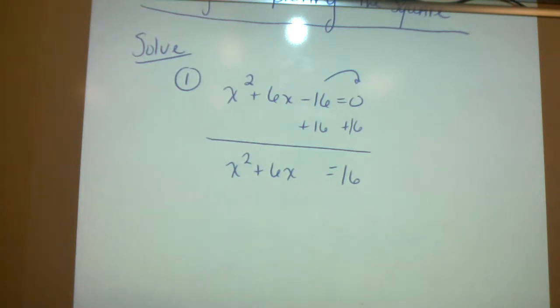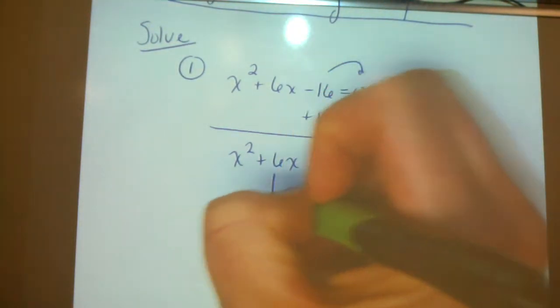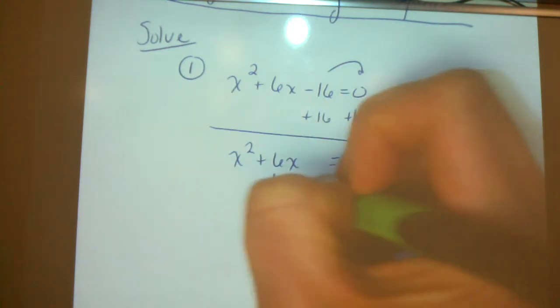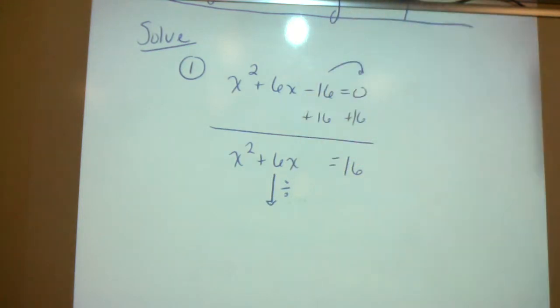You have to kind of keep up with what I'm doing. You may need to rewind this a couple of times to make sure you've got it correctly. But you're going to take that linear term and divide by 2.